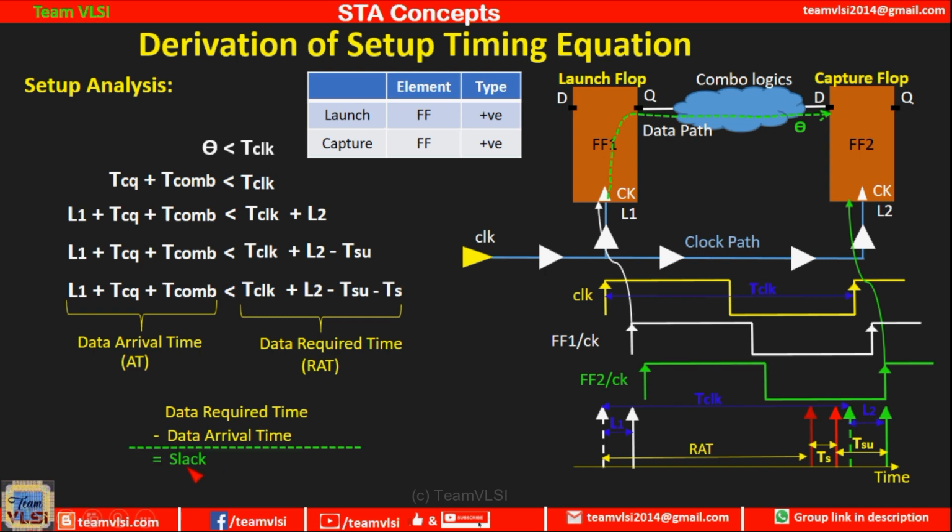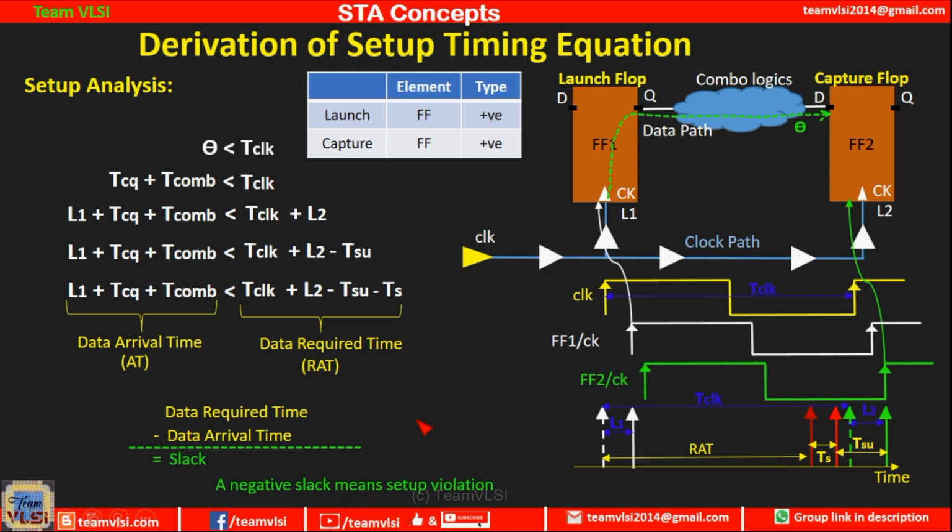So RAT should be greater than AT. That's why RAT minus AT is your slack, and we want a positive slack in order to meet the setup timing. But we are not fortunate enough to see positive slack every time. Mostly we fight with negative slack. A negative slack means setup violation, and if there is a setup violation, we need to fix it.